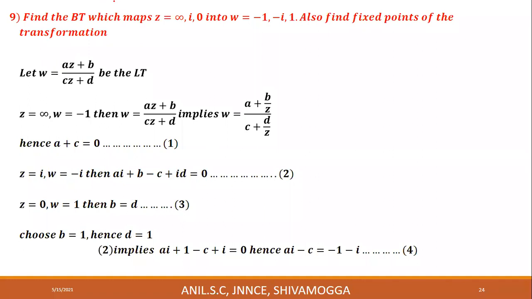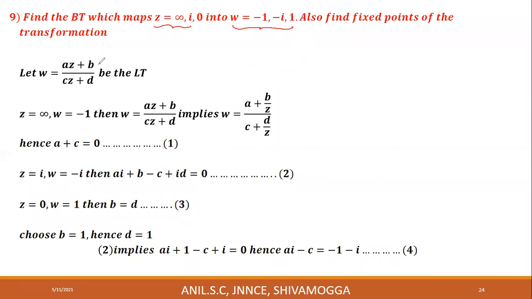We'll do it from the beginning. Find the bilinear transformation which maps z equal to infinity, i, 0 into w equal to -1, -i, 1.